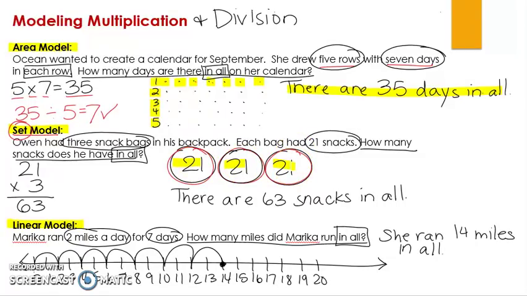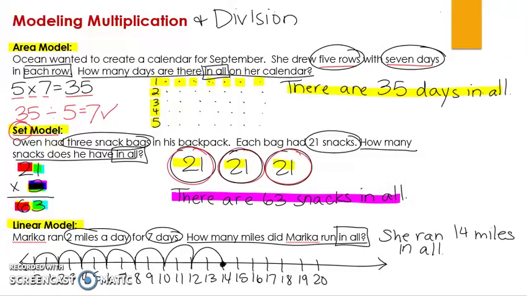So I set up my problem: 21 times 3 equals 63. And I use the standard algorithm by doing 3 times 1 is 3, and then 3 times 2 is 6. And we get the number 63. There are 63 snacks in all.